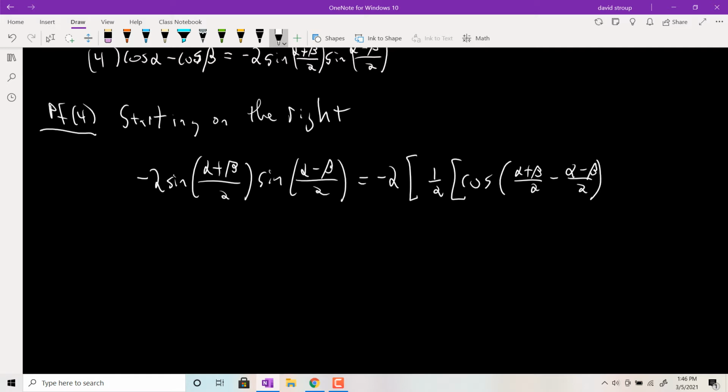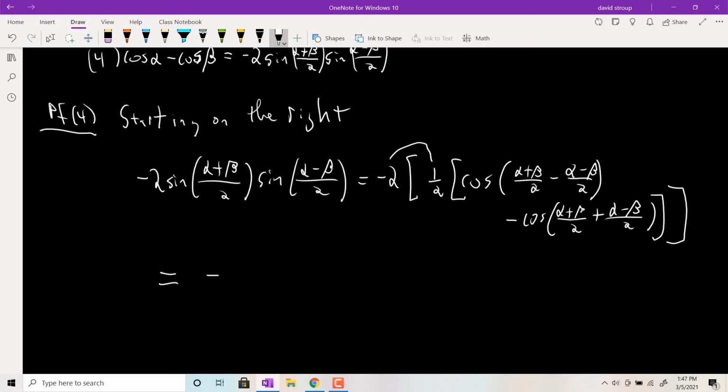It looks like I'm running out of room really quick here. Minus cosine of (alpha plus beta) over 2 plus (alpha minus beta) over 2. Okay. So, one thing we could do is just multiply this negative 2 and the 1/2.